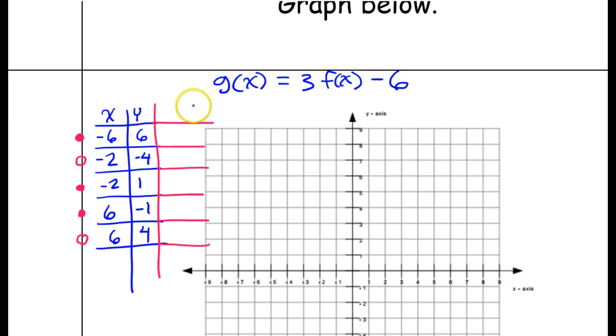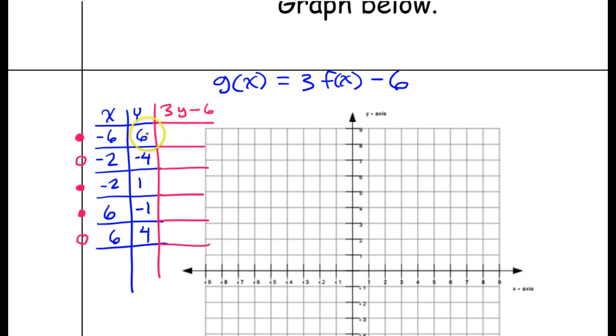And the new y column will be 3 times the old y value minus 6. This will accomplish the vertical shift, the vertical stretch, because I'm multiplying the y values by 3, and it will achieve the vertical shift of down 6 because I'm subtracting 6 from the y value. That will move you down 6.